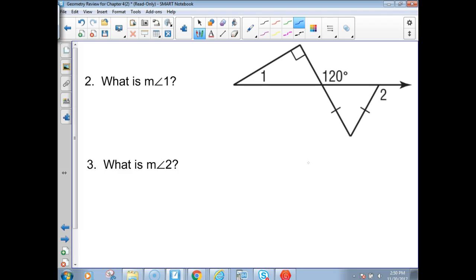On page 2 of the ISN, it says that if you have an exterior angle, then it's equal to the sum of its remote interior angles. So for this diagram, the measure of angle 1 plus 90 is 120, equal to the exterior angle. And then we can subtract 90 from both sides.